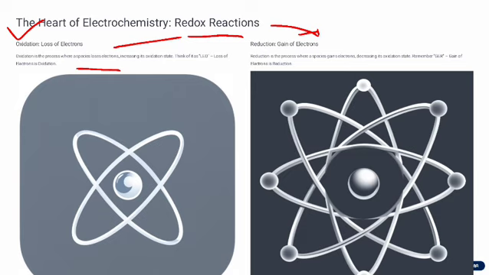And the next term introduced is reduction, which means gain of electrons, or hydrogen gain. These are the two main processes that occur during electrical and chemical reactions.